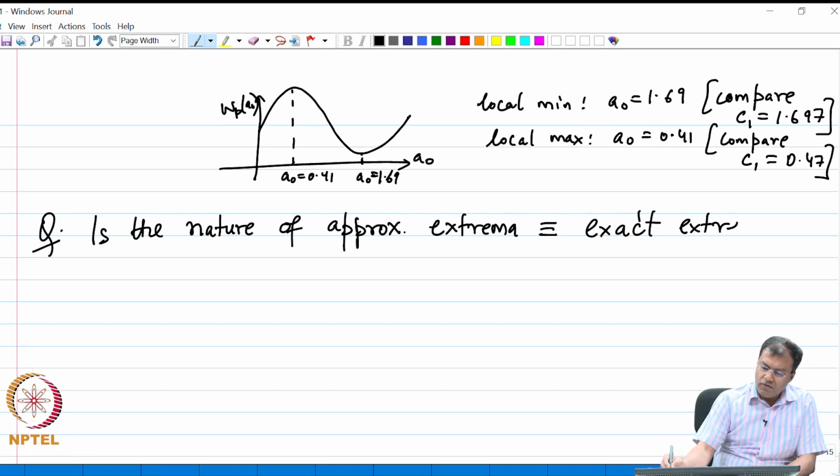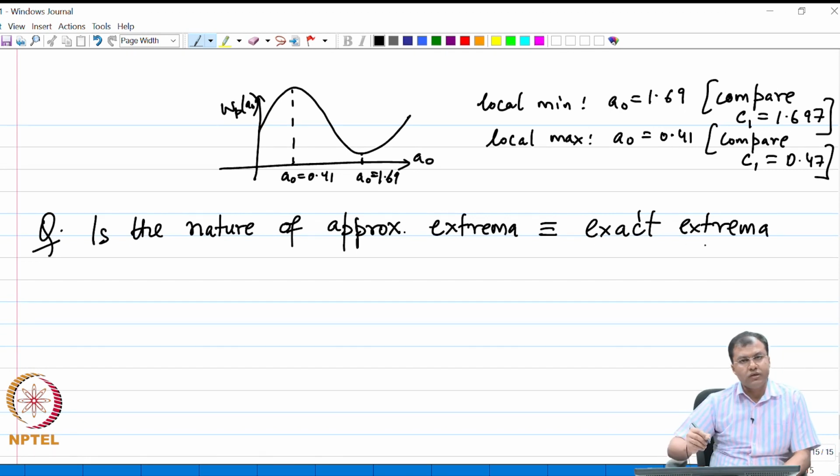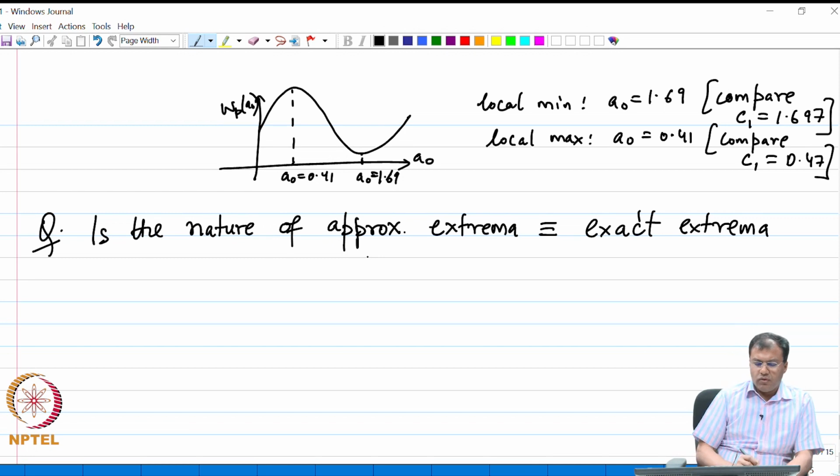We saw the exact solution, the solution to the Euler-Lagrange equation, and the solution obtained by the Ritz method, and we saw that the maxima and the minima are almost identically equal. So, is the nature of the approximate extrema equal to the exact extrema always? Is this always true?